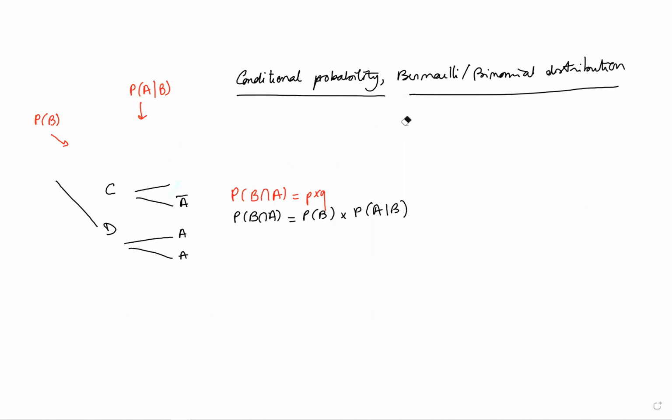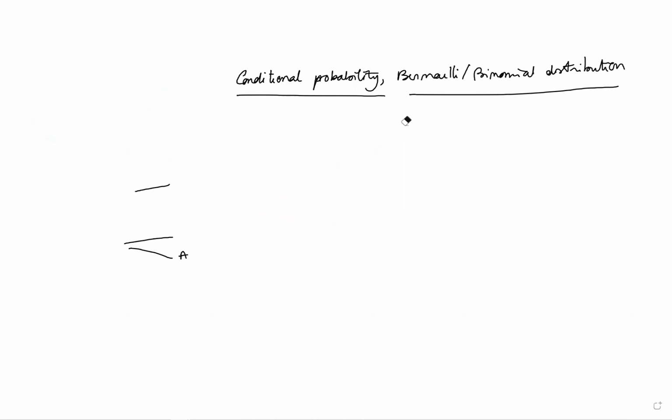So what is a Bernoulli distribution or Bernoulli trial? A Bernoulli trial is a situation where you have only two possibilities, only two things can happen. It's a success or a failure. And you will have a certain probability of success.